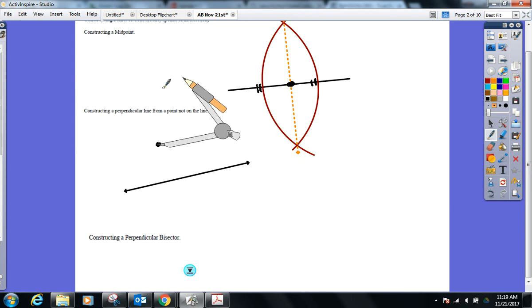Make an arc that intersects your line in 2 spots. And hey, if you can't make it intersect in 2 spots, go back and do what? Make your line longer, extend the sucker. Which looks like I'm going to have to do.